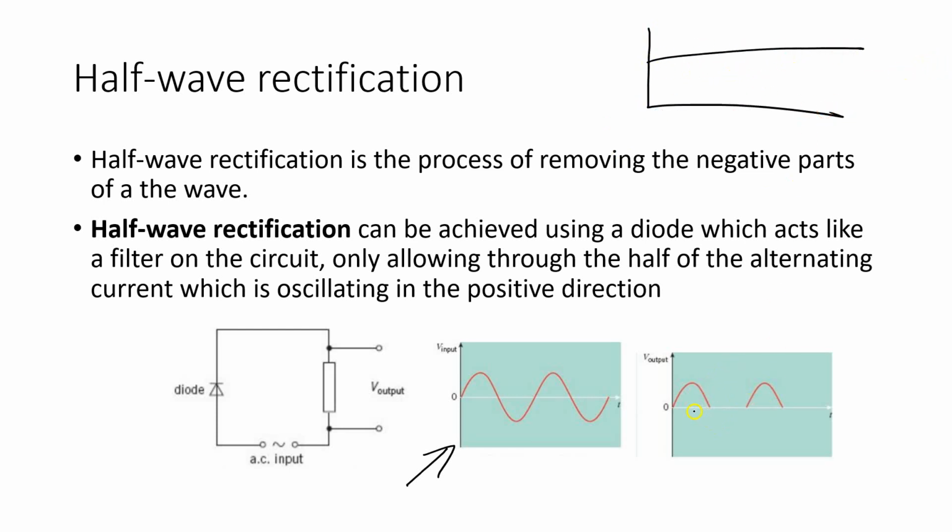At this point, it's not going straight across. It's going up, then coming back down and going back up like that. That is not completely direct current. We're close to it because the current is now flowing in one direction, which is the positive region, which is good. So we must know that half wave rectification is a process of removing the negative portion of the input alternating wave, right? And as I would have stated, we must know the diagram as well, right?